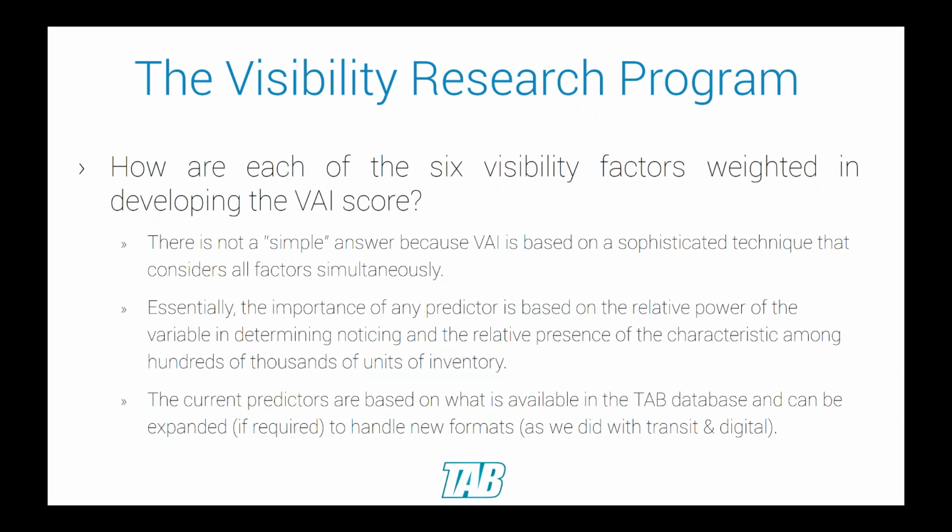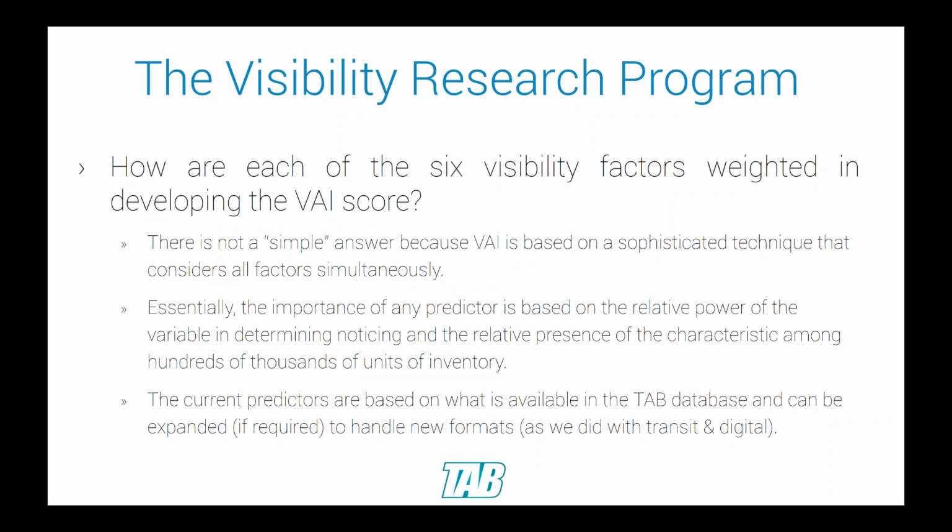And the answer there is that it's not a simple answer, because VAI is based on a sophisticated technique that considers all factors simultaneously. It's not like a simple algebraic formula where you say, well, it's this size, format, so that gives it point blank, and it's this far from the road, so that gives it point blank. Multiply all those or add those together, and you get blank.